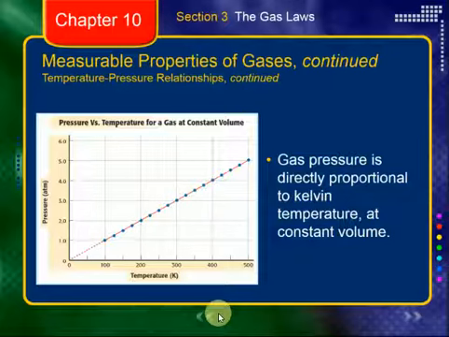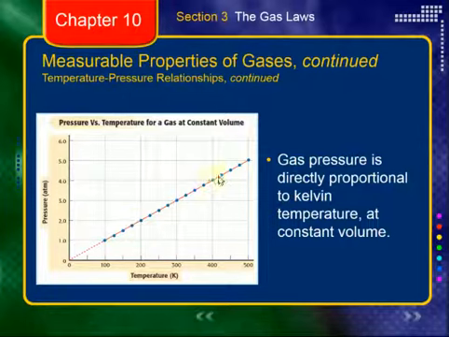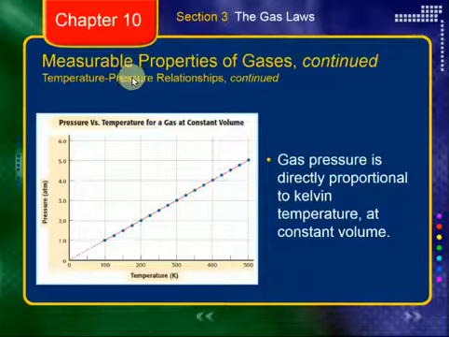Right, here is a type of graph that we've seen before. This is a direct relationship here. We can tell because it has that straight line. It's a relationship between temperature and pressure, even though we haven't talked about temperature and pressure yet. We're about to talk about Gay-Lussac's law.